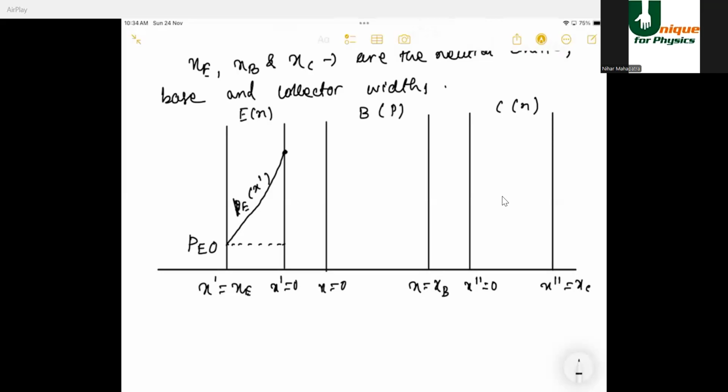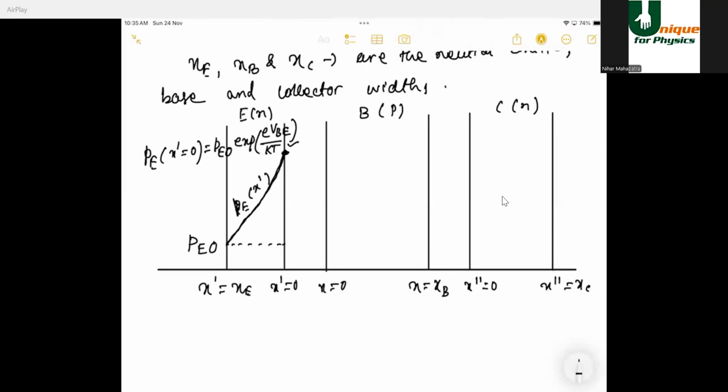Mathematically, if you have visited that video, we can write the value PE of x dash at x dash equal to 0, the maximum value here, as PE0, the thermal equilibrium concentration, times exponential of e VBE, the base emitter voltage, divided by kT. That's the concentration here, and it will drop down to PE0 in the emitter region.